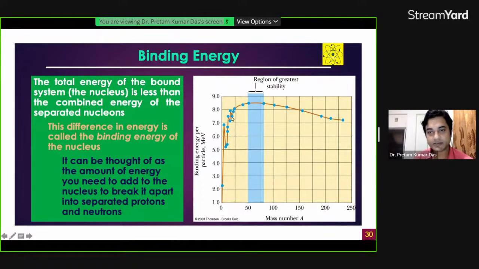The elements in this region have binding energy per nucleon less than about 8.7 maximum. So they want to go there. How can they go? They can add together, fuse together, and go there. So in this region, they can do fusion reaction.